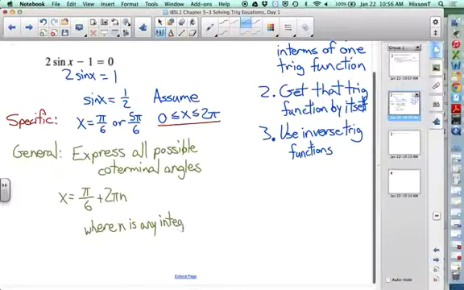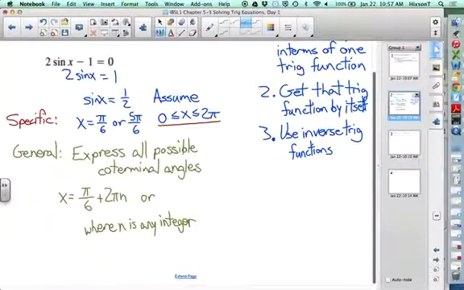Can n be negative? It can be negative, because remember, with coterminal angles you could rotate backwards a full lap as well. So it's that, or what's our other general solution? 5 pi over 6 plus 2 pi n.